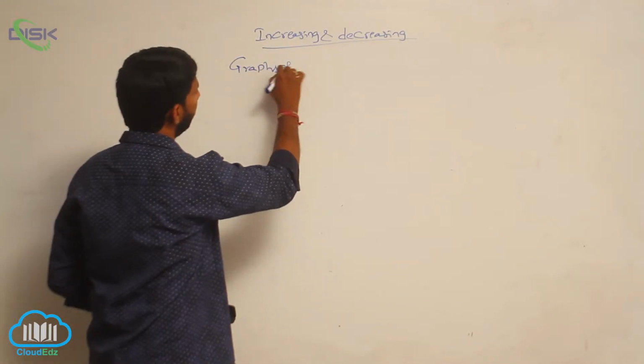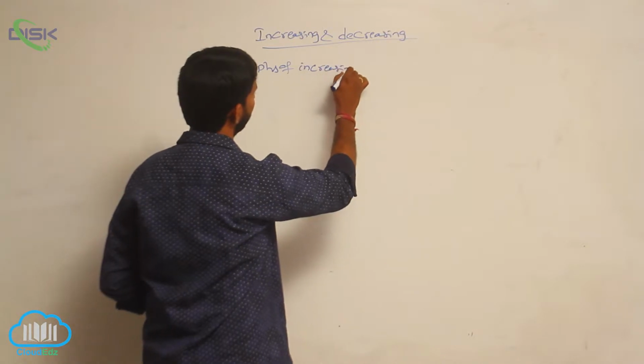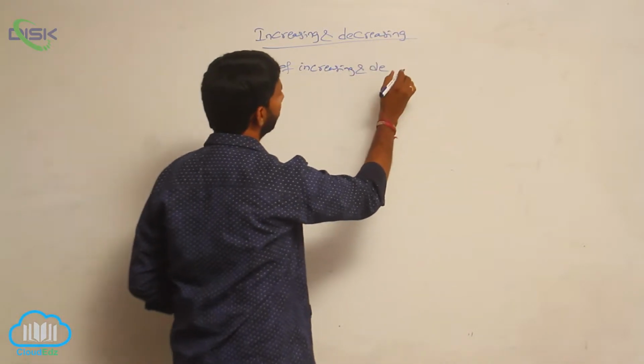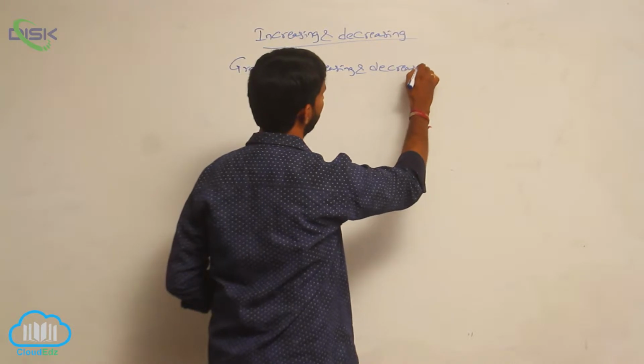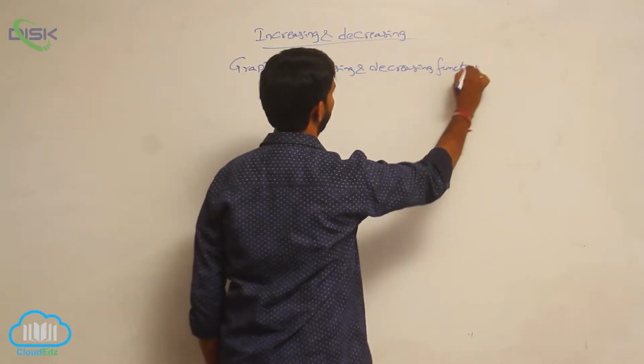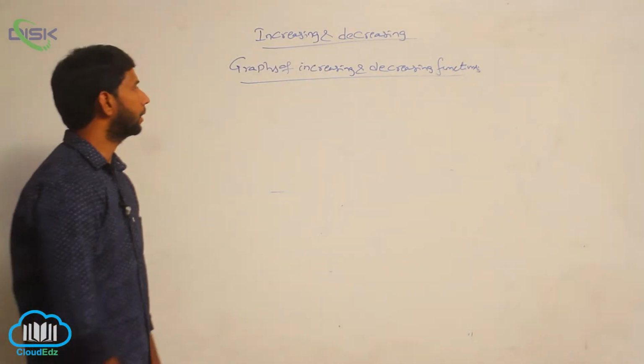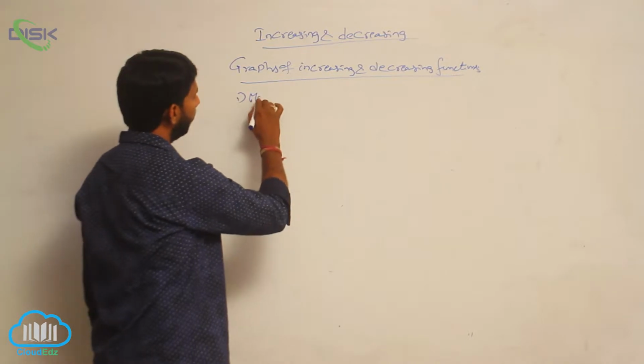Graphs of increasing and decreasing functions. The first one is monotonically increasing.